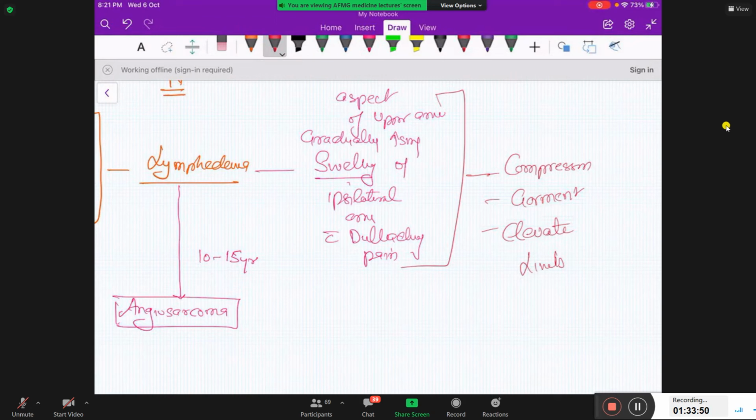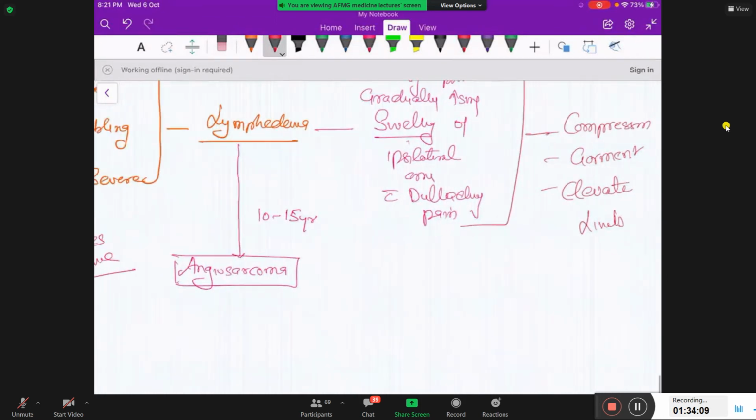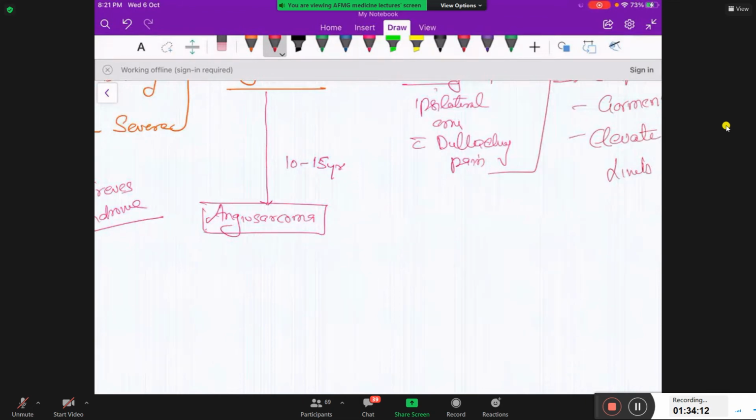On which arm will you put a cannula? You should never put a cannula on the arm on the side where the MRM is planned or done. You should put it on the opposite side. No trauma to the arm on the side where the MRM is being planned or done. Okay, so these are some of the important points which we should know.